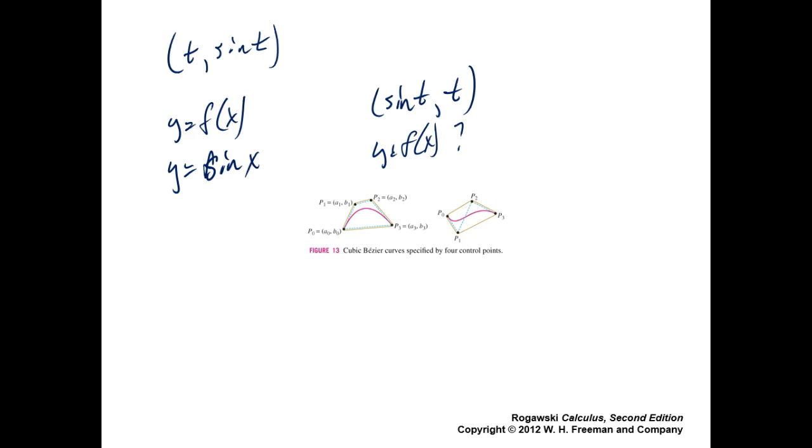The closest I could come, I think, would be this is saying x is equal to sine t, right? And y is equal to t. And the best I could come up with is t equals inverse sine of x, right? And then y is equal to inverse sine of x.